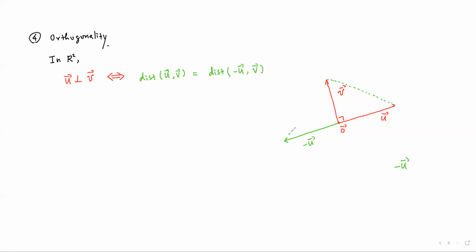When vector V is orthogonal to vector U, then this distance is equal to this distance.